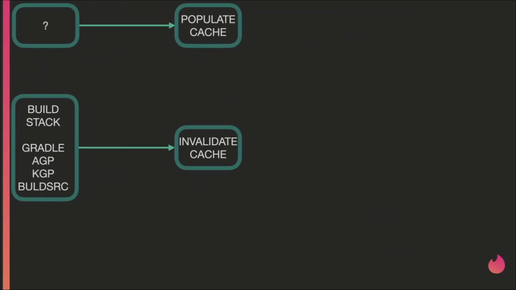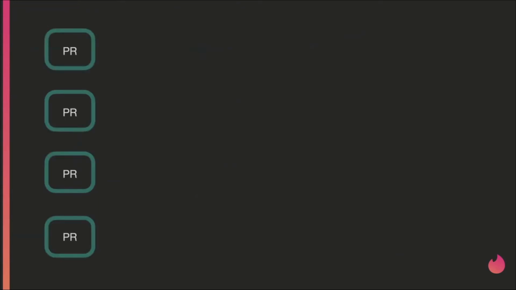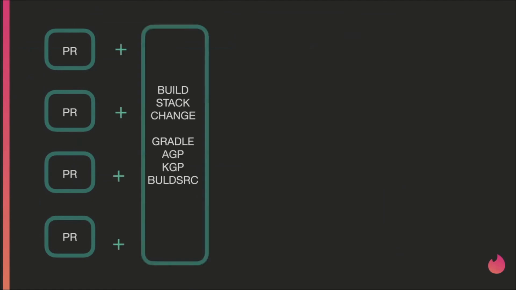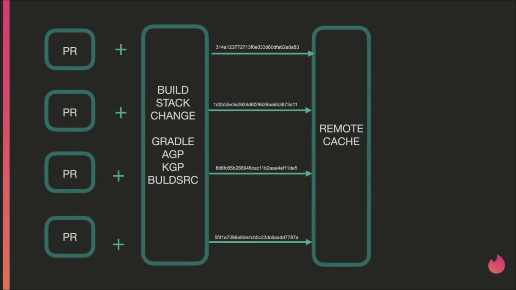So we ended up with a mixed solution where we update some of the elements of some build components. We get the latest pull requests, maybe the latest 40 pending. We merge the changes of the build stack components, and this generates different outputs for a given task.